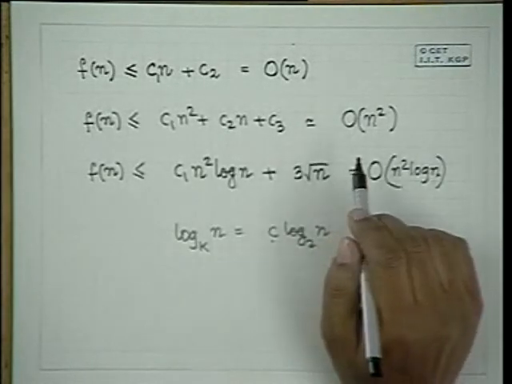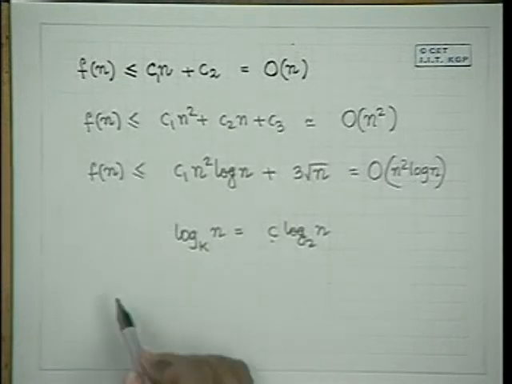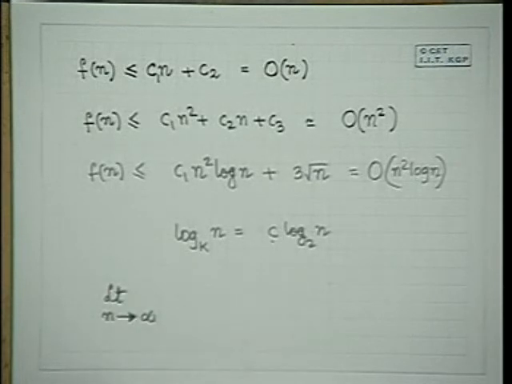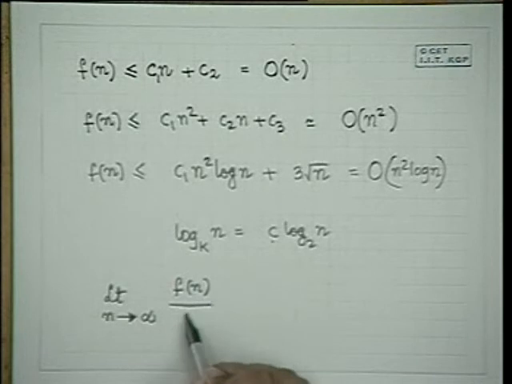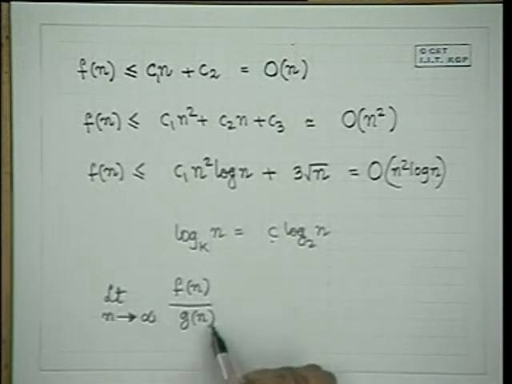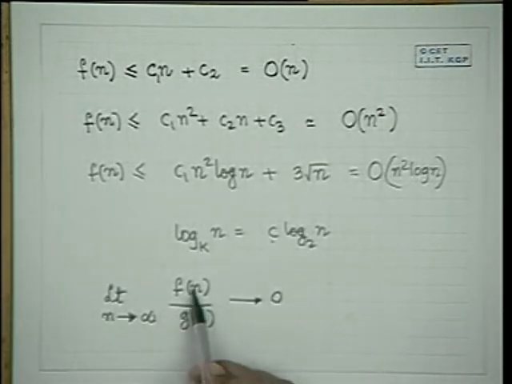So then asymptotically we compare two of them, and we say when limit n tends to infinity, we compare F(n) and G(n) and see which is the smaller of the two. If this tends to 0, then this is better than this.